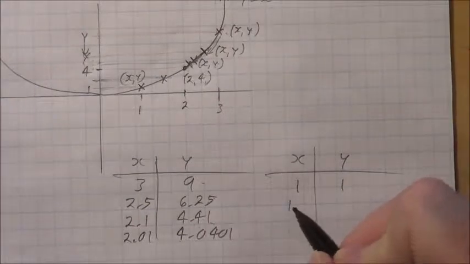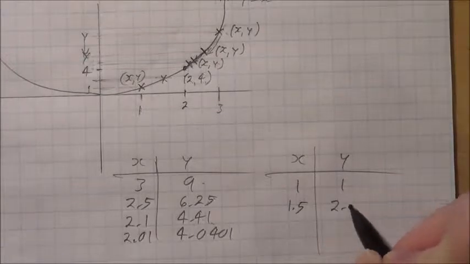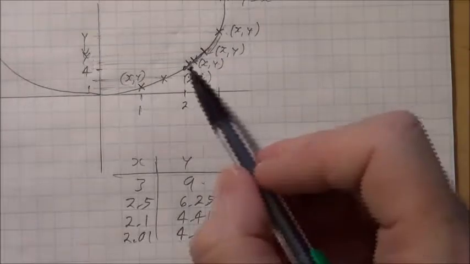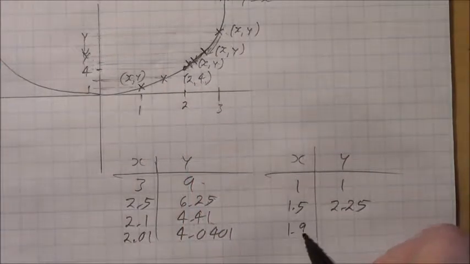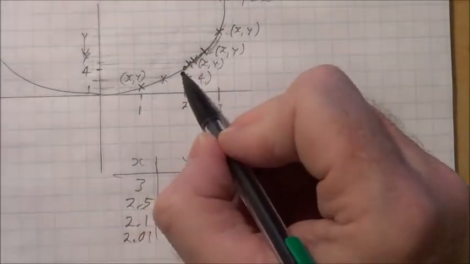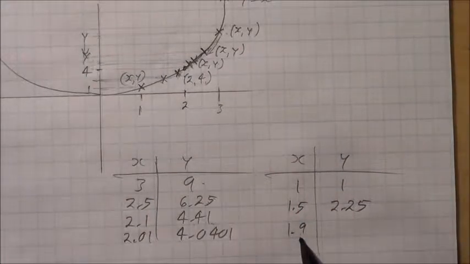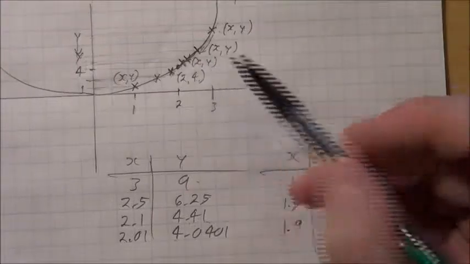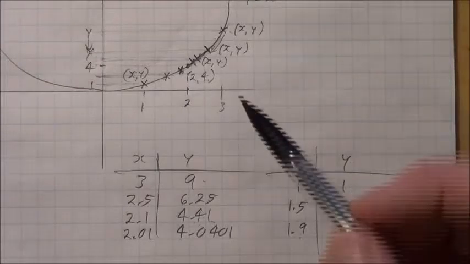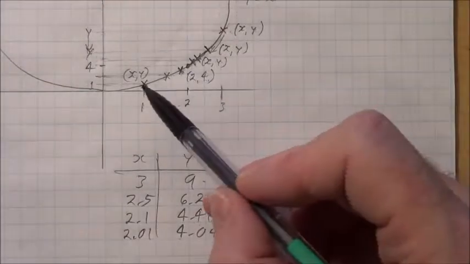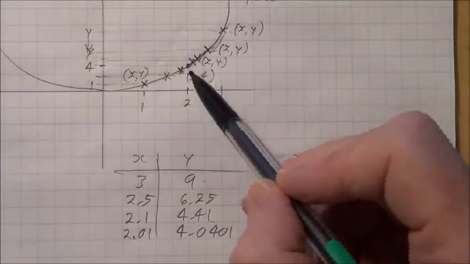So let's say we slide it up to x equals 1.5, and 1.5 then gives a y value of 2.25. So that's closer to 4 vertically. And then let's slide this point further along the curve to perhaps 1.9, and we're getting 3.61 for the y value of this point, as the point gets closer and closer along the curve to that target point of 2, 4.